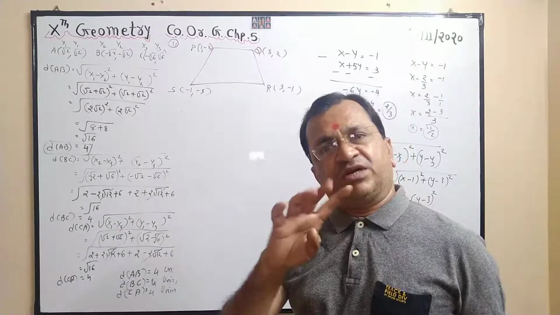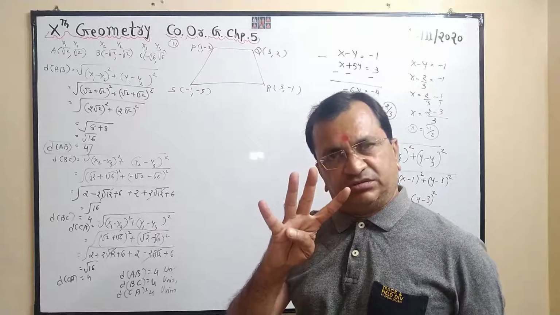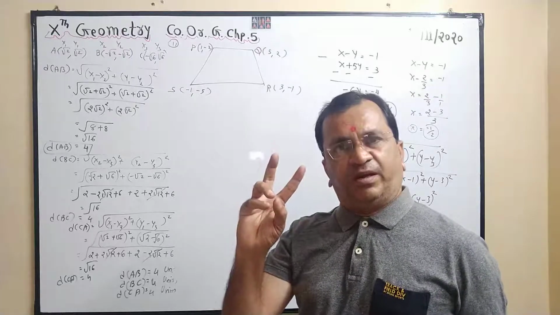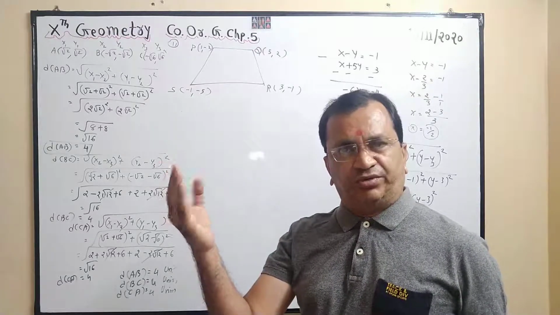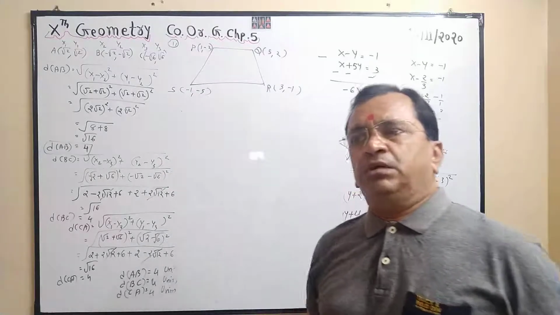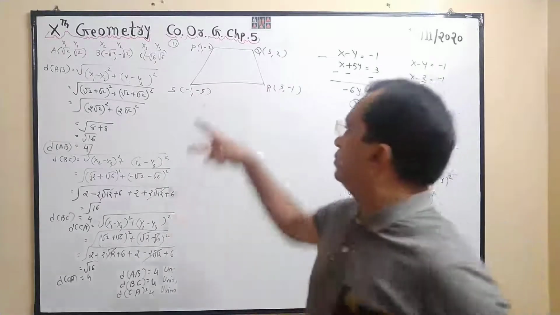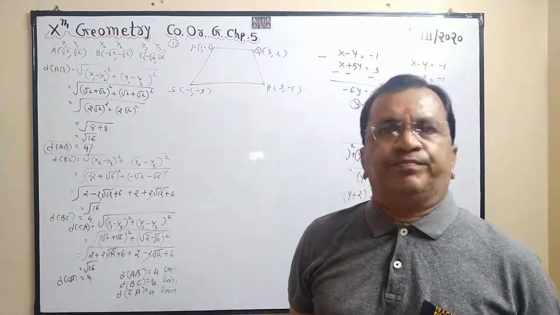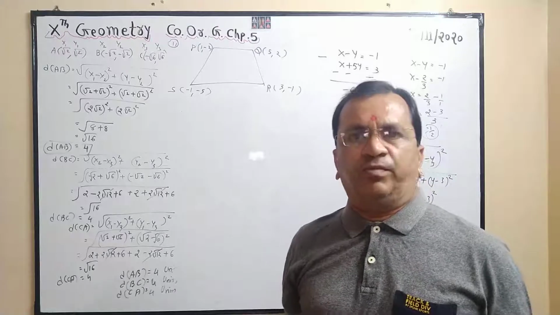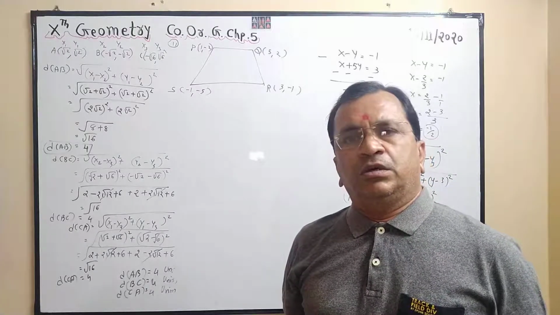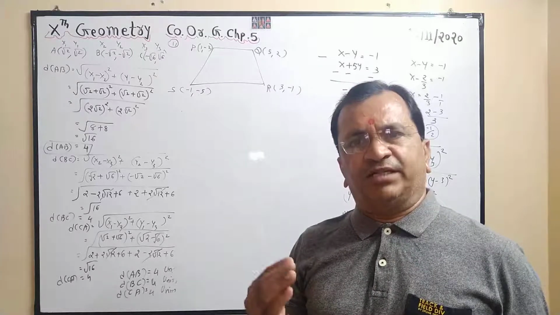So by the distance method, 4 times you have to find out the distance, and 2 distances you have to compare. So more than 20 steps you have to write. And in slope point form, 2 times slope, again 2 times slope, total 4 times slope. Then you have to compare 2 slopes and write it is parallel. So don't do that method.